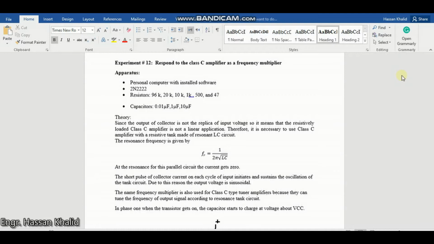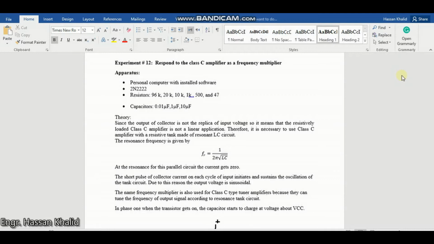Previously we constructed a circuit related to the class C amplifier, in which we claimed that the circuit has 75% efficiency. Today we are going to use the same class C amplifying circuit, but with some modifications.